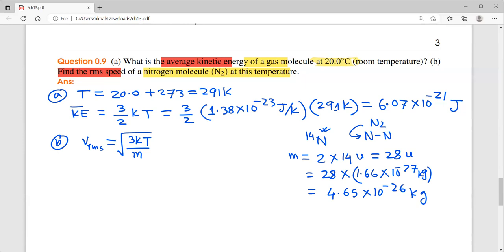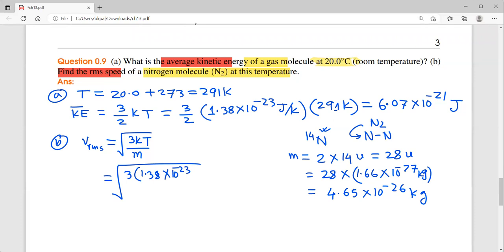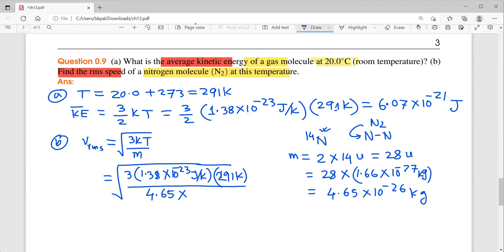Now you see that for number B, we know everything. So plug all these values in and determine the RMS speed. K is 1.38 times 10 to the power minus 23 joule per Kelvin, the temperature is 291 Kelvin, and the molecular mass is 4.65 times 10 to the power minus 26 kilogram.